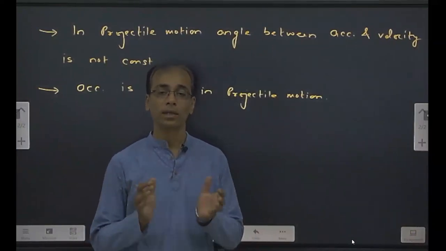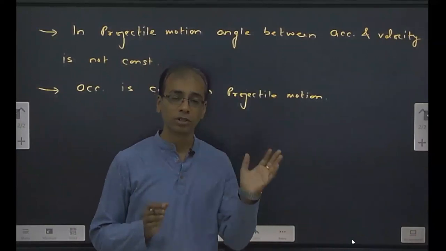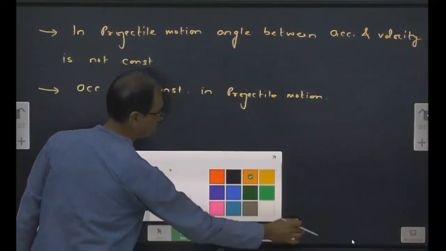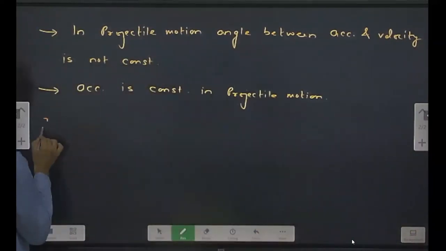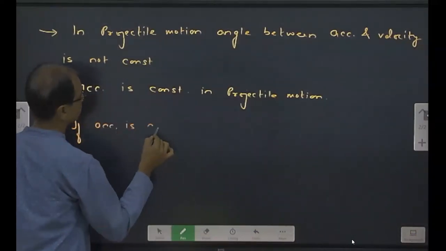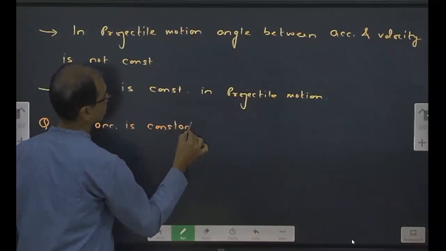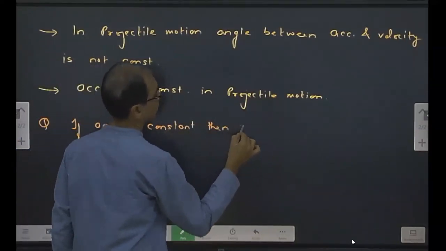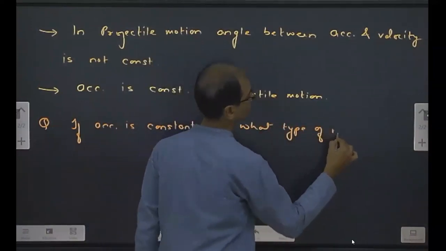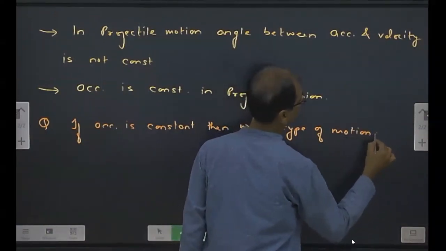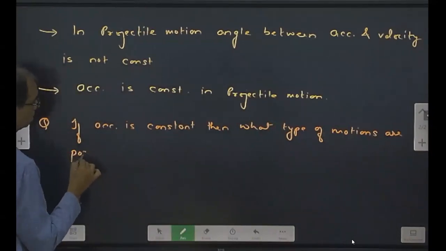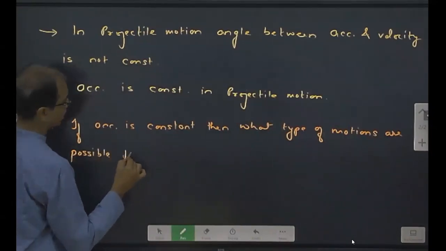So the question is, if acceleration is constant, then what types of motion are possible for a particle?